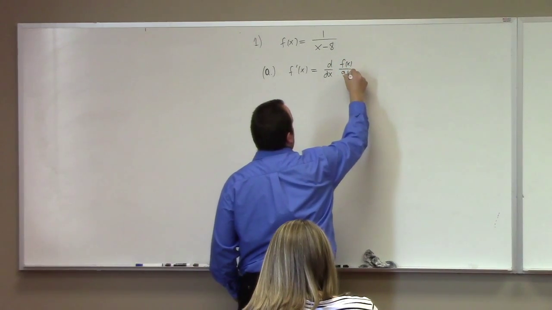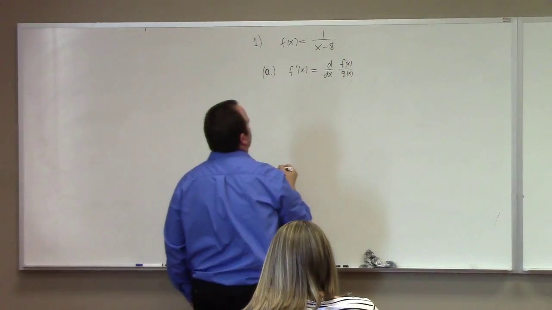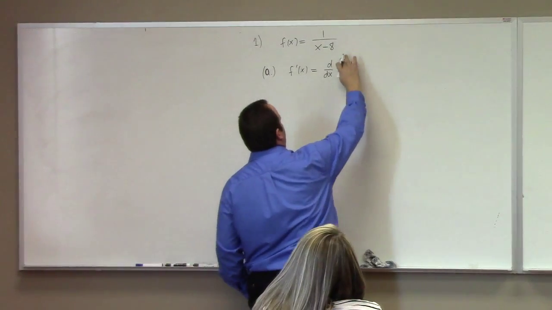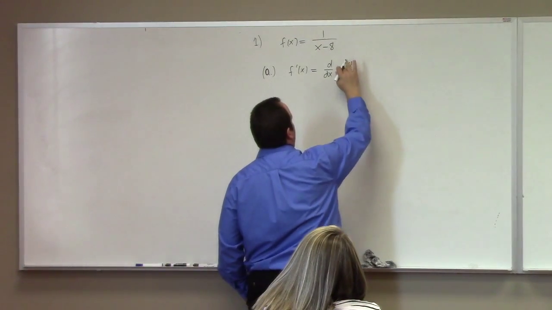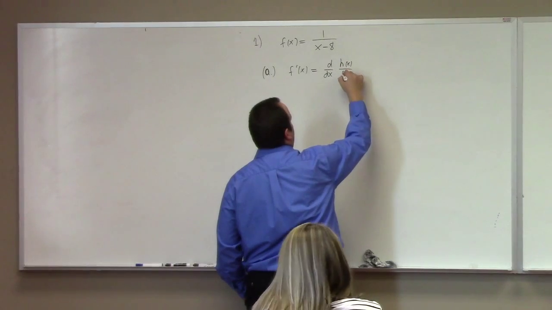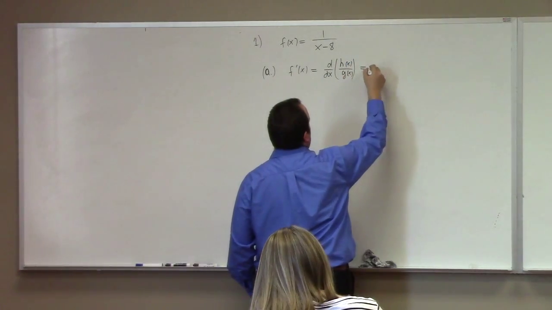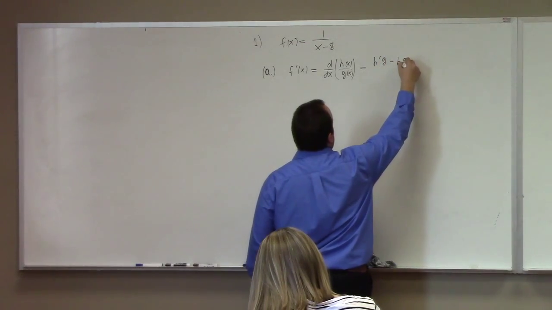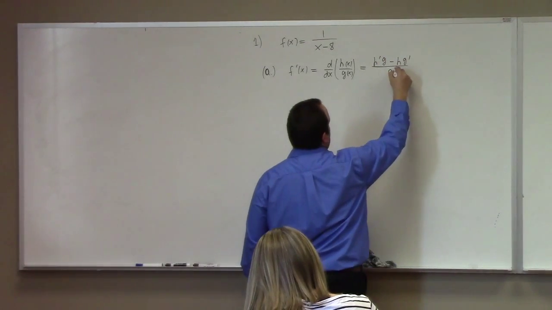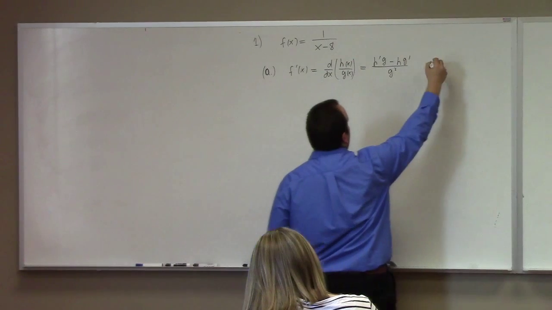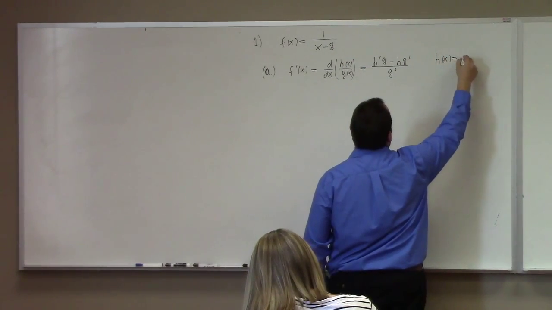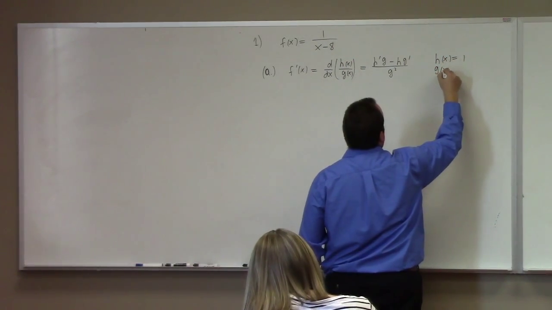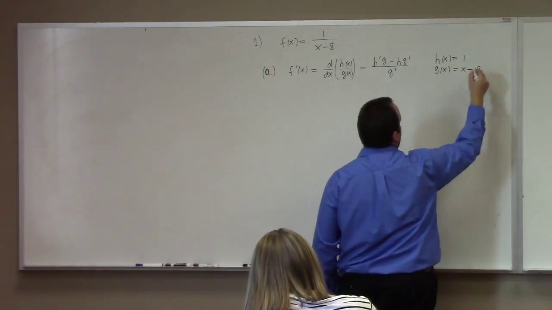The quotient rule says h prime g minus h g prime, divided by g squared, right? And here I'm envisioning h of x equals 1, and g of x, the denominator function, x minus 8.